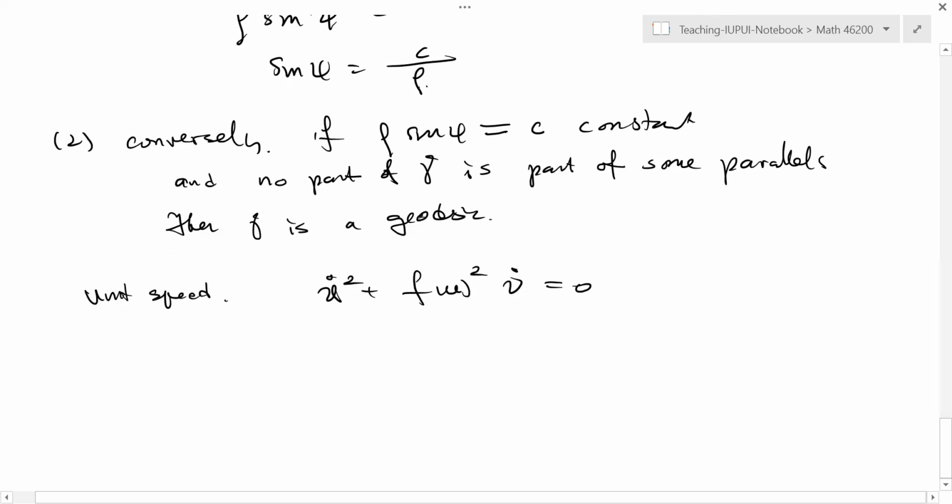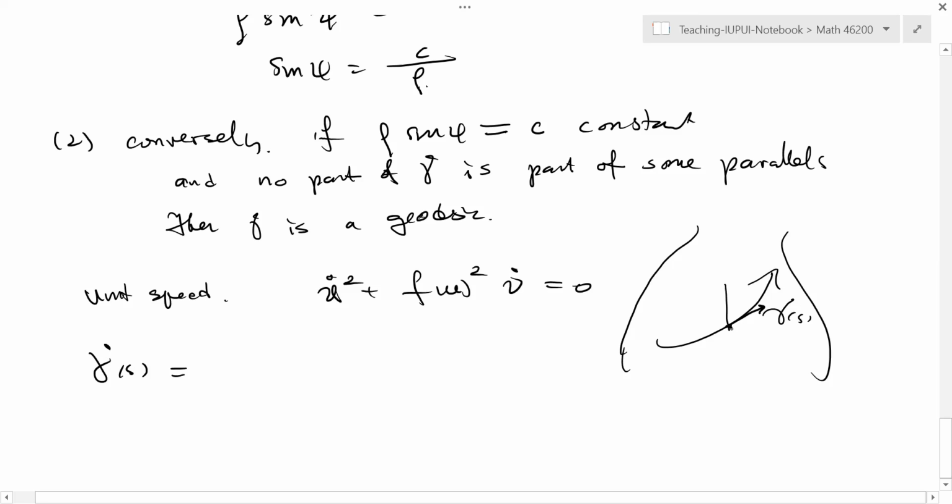Now let's take a look at gamma dot of s. You see we have two unit vectors here, sigma u and sigma v over rho.